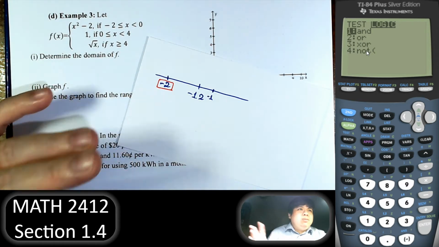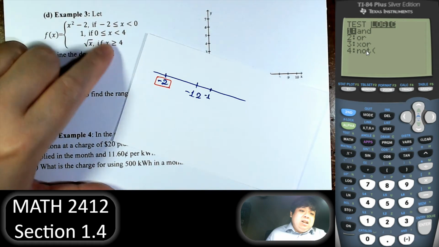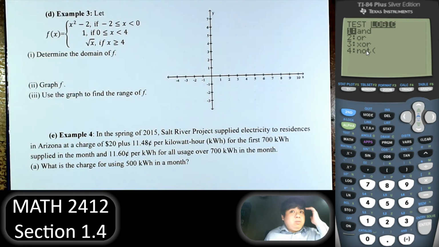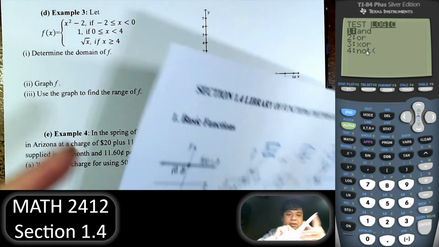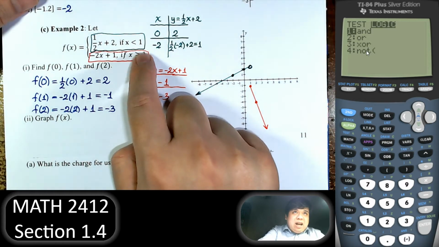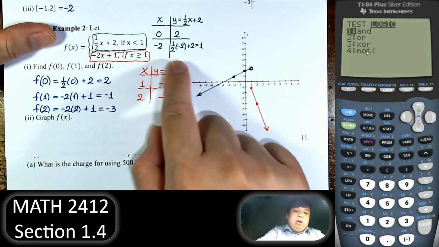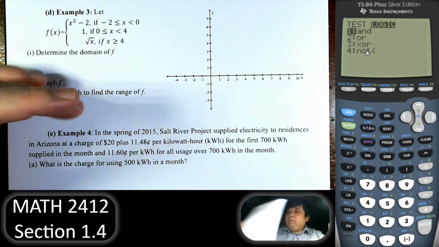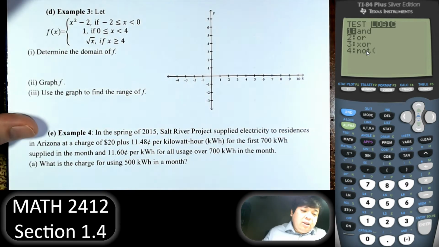So that's too much. So we're not going to do that here. But if it is a piecewise function with only greater than or less than, then certainly we can just divide by. That would be nice.